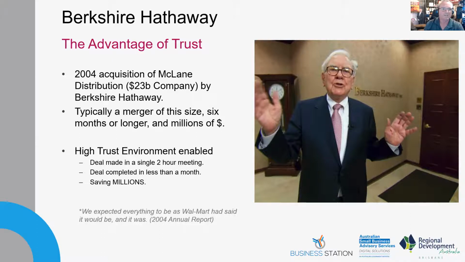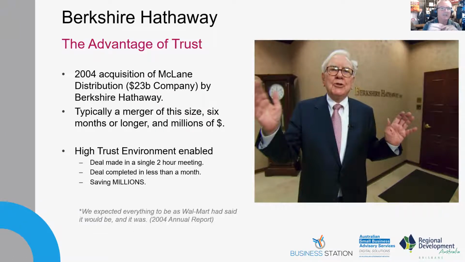Now, McLean Distribution were previously with Walmart. It was a division of Walmart, so it was an acquisition from Walmart. And it was not a small purchase. McLean Distribution was a $23 billion company.